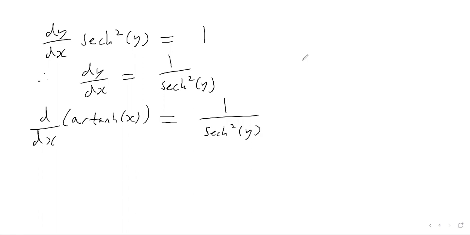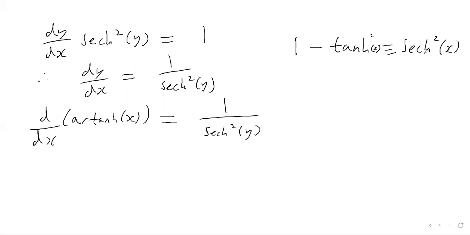This time the identity we're going to use is 1 minus tanh squared of x equals sech squared of x. Sorry, I forgot the x inside there.